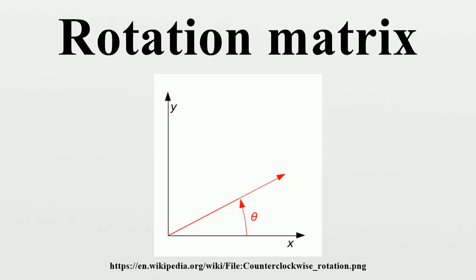Multiplication. The inverse of a rotation matrix is its transpose, which is also a rotation matrix. The product of 2 rotation matrices is a rotation matrix. For n greater than 2, multiplication of n times n rotation matrices is not commutative.